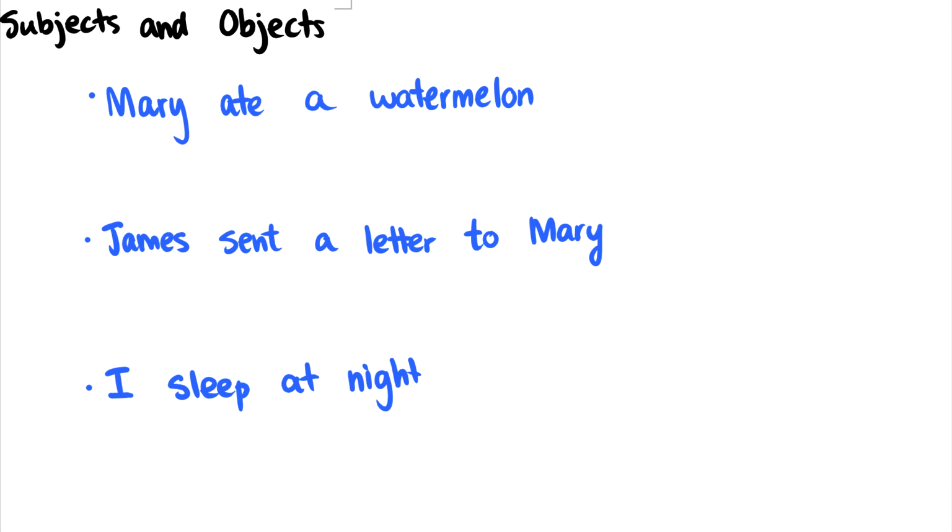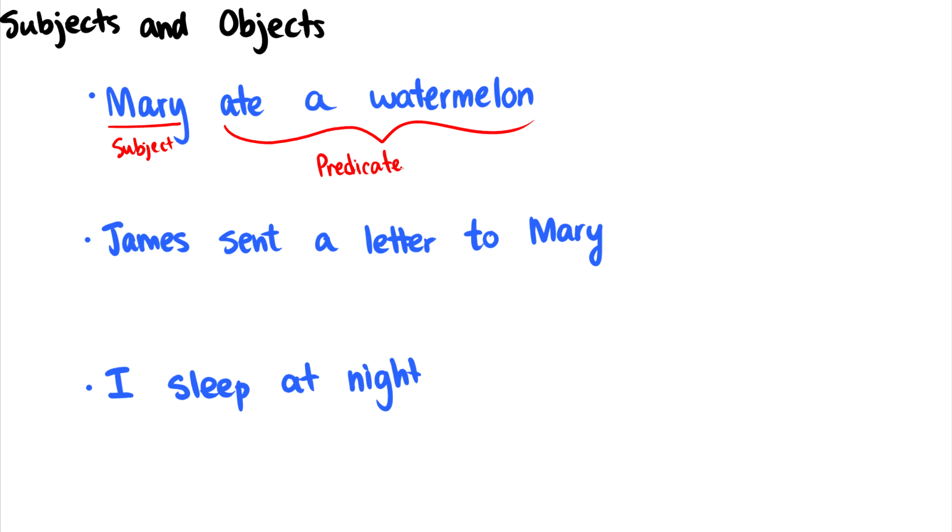Okay, so subjects. What are subjects? Well, subjects are what the sentence is about, or who the sentence is about. So in the sentence, Mary ate a watermelon, the sentence is about Mary. And the question is, well, what is she doing? Well, she's eating a watermelon, or she ate a watermelon. So Mary is the subject, and ate a watermelon, this entire thing, is known as a predicate.